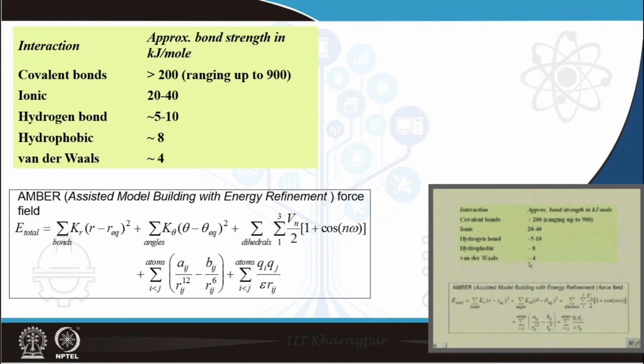Van der Waals are approximately 4. But when we consider a combination of the large number of hydrogen bonds, van der Waals, or hydrophobic interactions that are possible, they add up together, making it a strong folded structure because of the multitude of interactions that are possible.